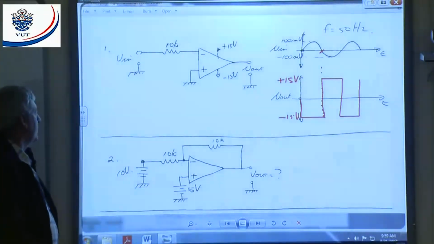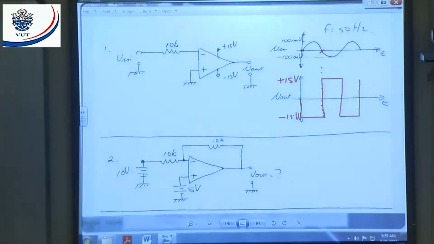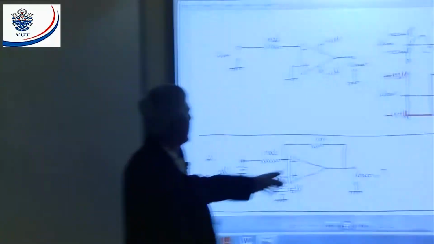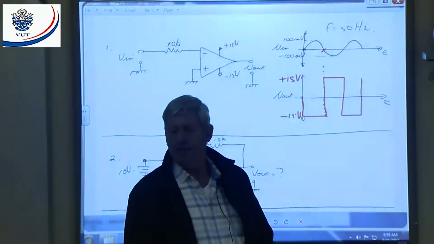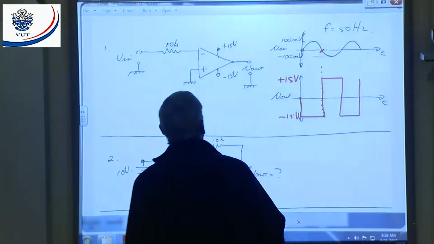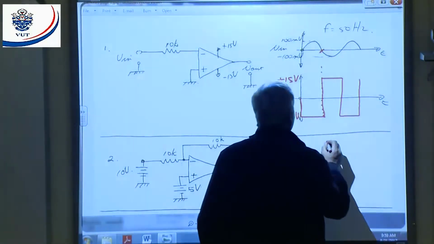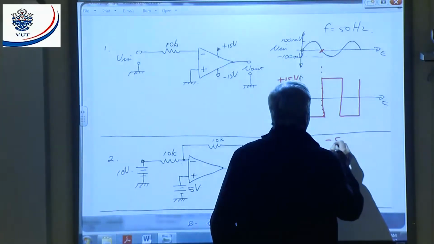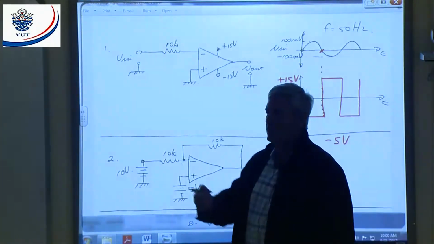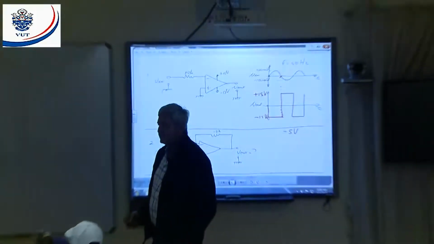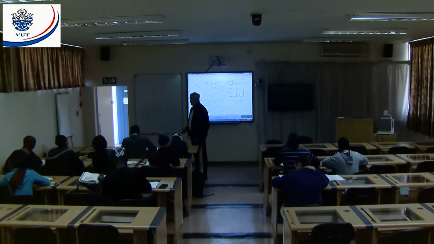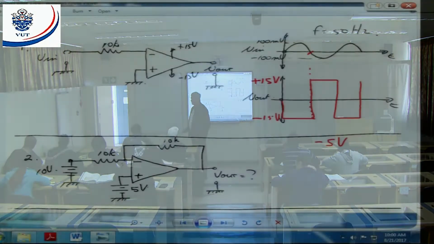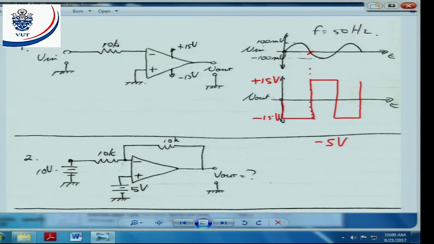All right, number 2. What can we say about number 2? What is the output voltage? Let me start asking, and we're going to write the answers down here. Minus 5 volts. Plus 5.